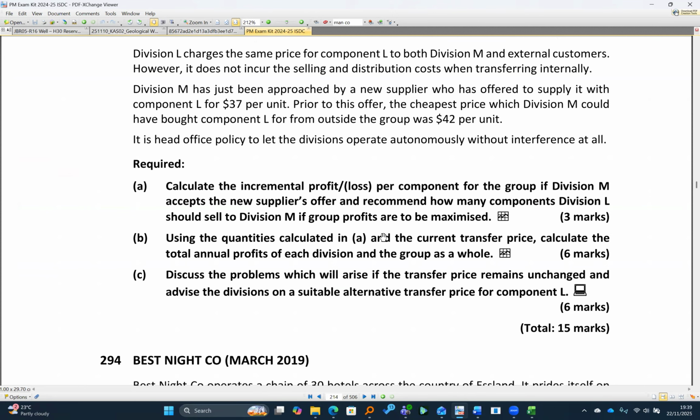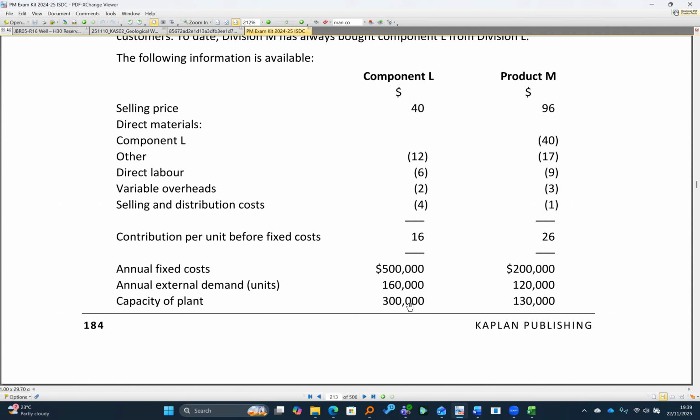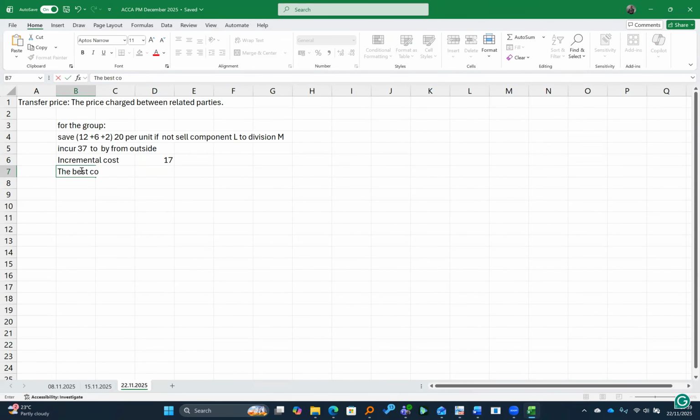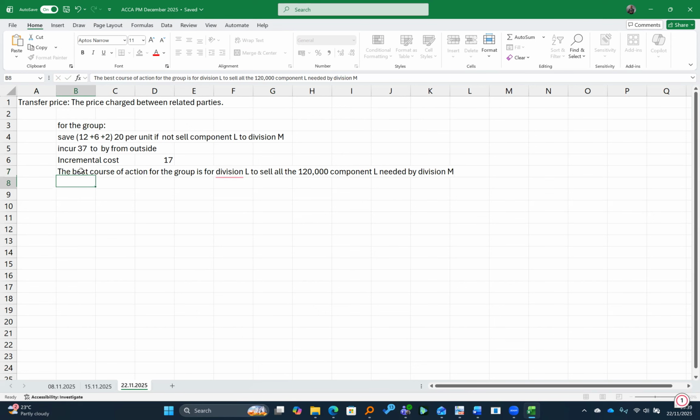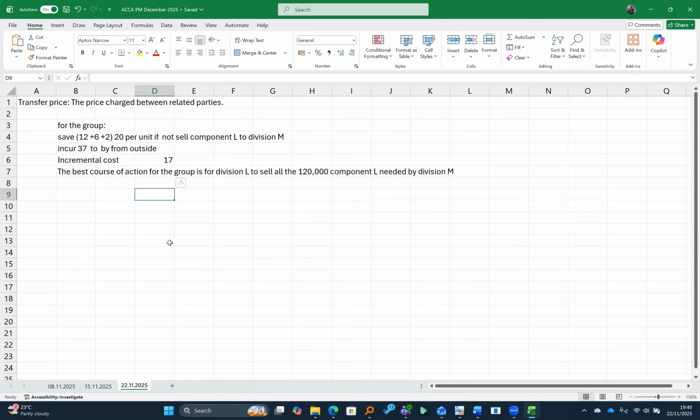Because division L has the capacity to produce 300,000 and the demand is only 160, it means that it should sell all of the 120 to division M. So the best course of action for the group in this case is for division L to sell all the 120 component L needed by division M. So it means that the company is not benefiting from buying from outside actually.